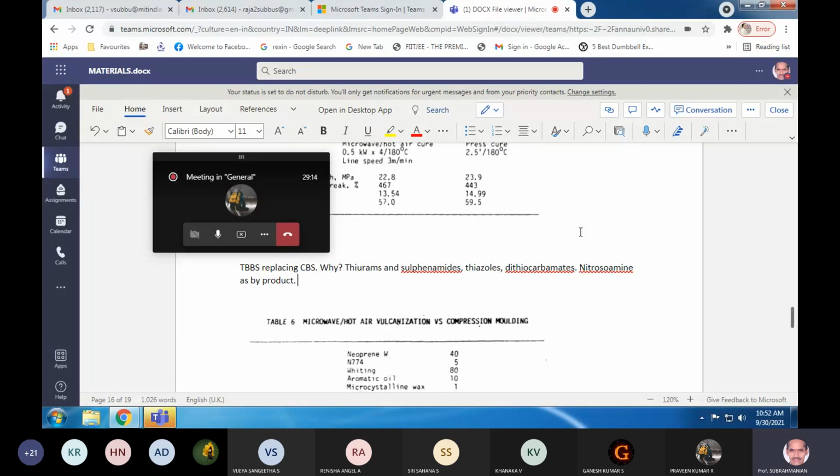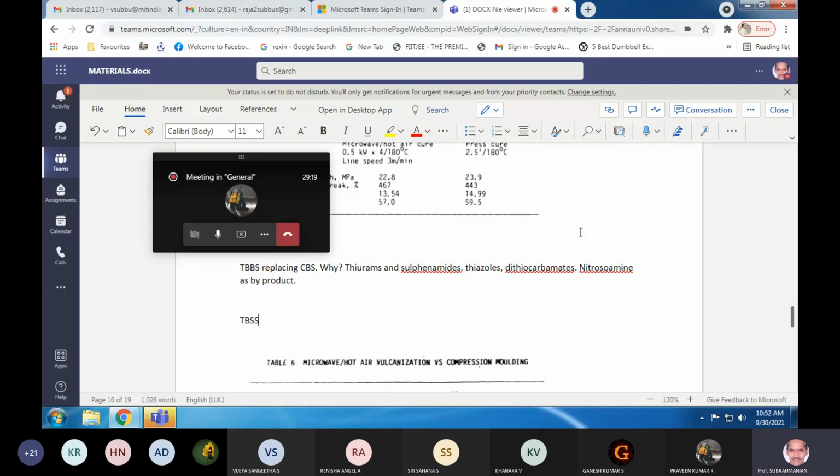And TBBS is free from nitrosamine liberation. Okay, nitrosamine. What is the concern with the nitrosamine? Its fumes are harmful. Continuous exposure to the fumes, and the atmosphere filled with the nitrosamine, it is definitely not the ambient air.